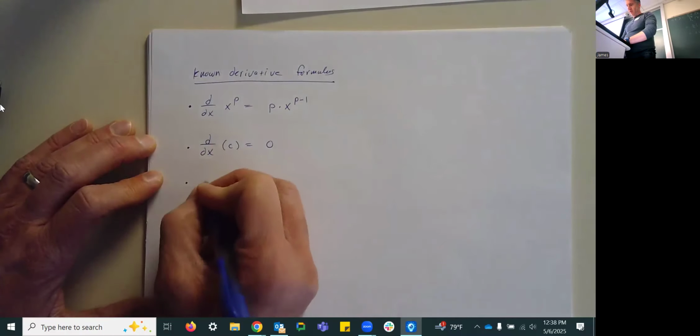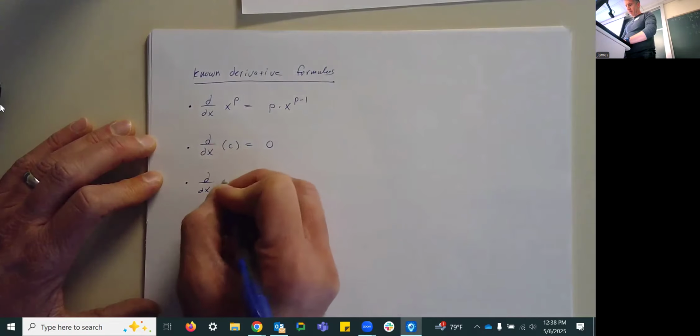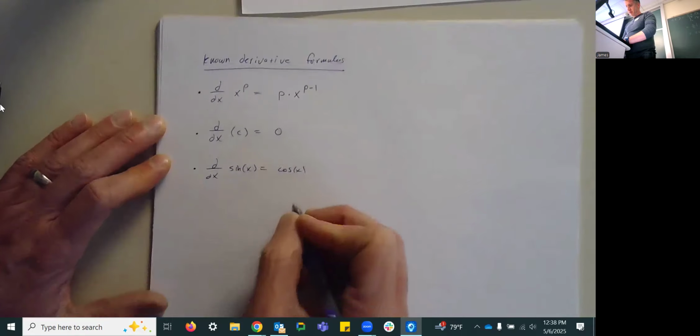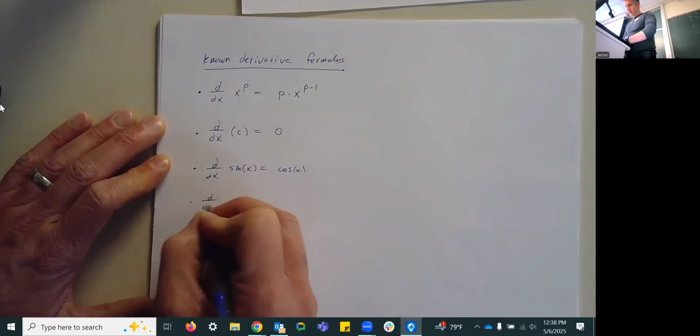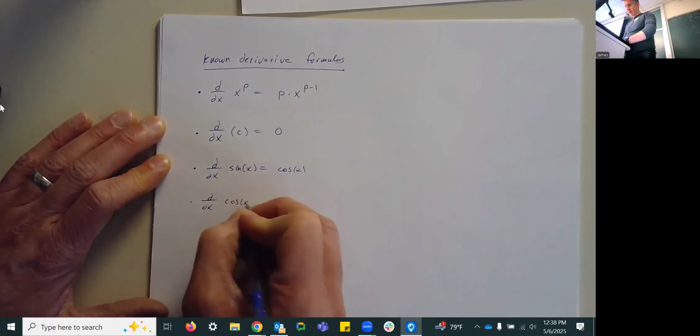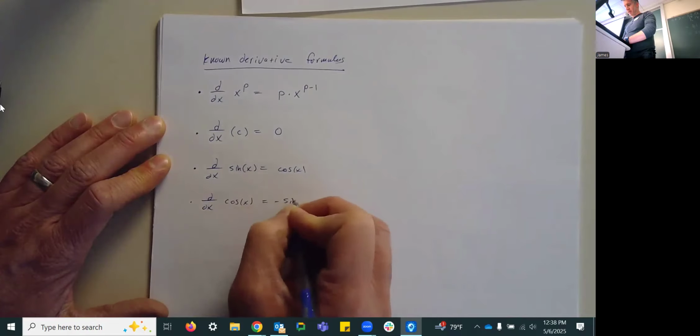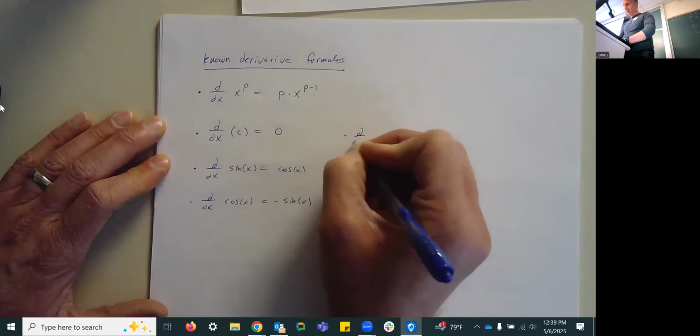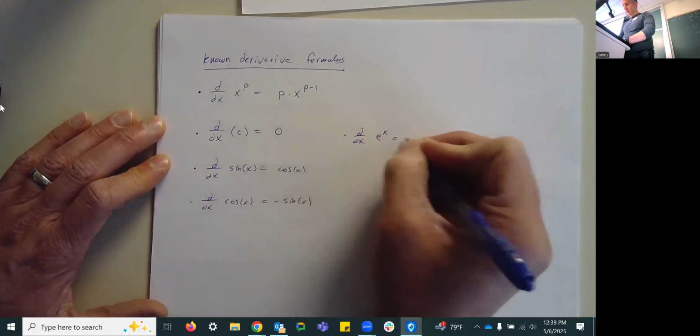We know that the derivative of sine of x is equal to cosine of x. We know that the derivative of cosine of x is equal to negative sine of x. And we know that the derivative of e to the x is equal to e to the x.